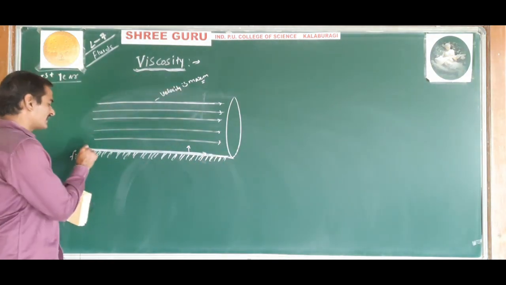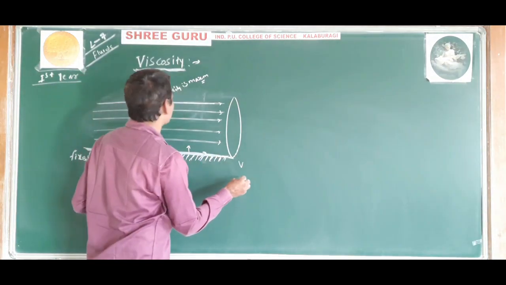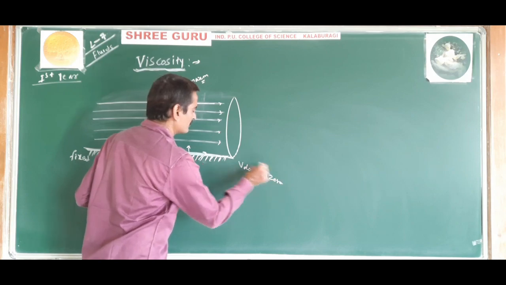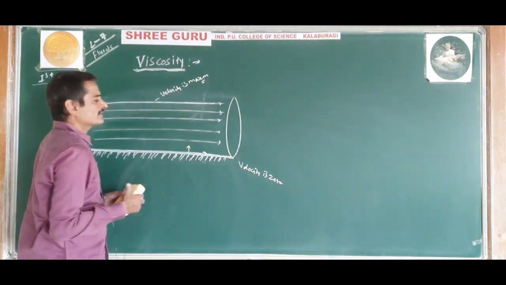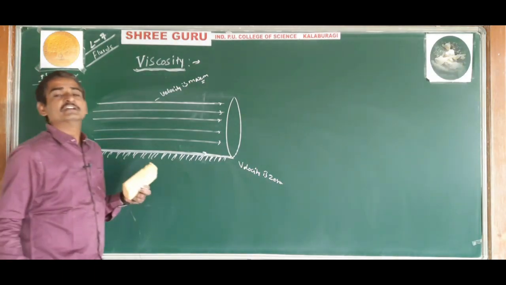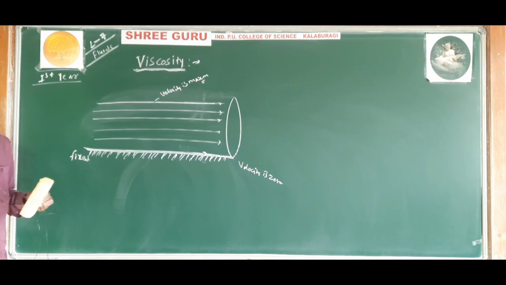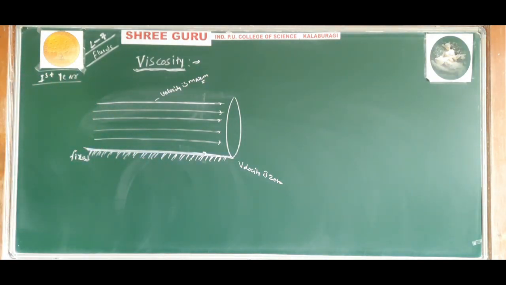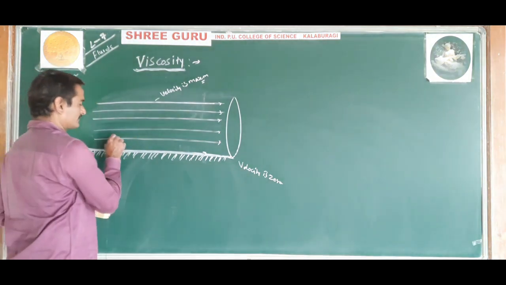As we move above the fixed surface, the velocity of the layers increases gradually, the topmost layer moves with maximum velocity, and the layer in contact with the fixed surface will have 0 velocity. Understood?